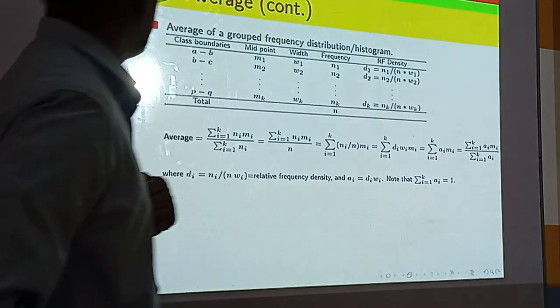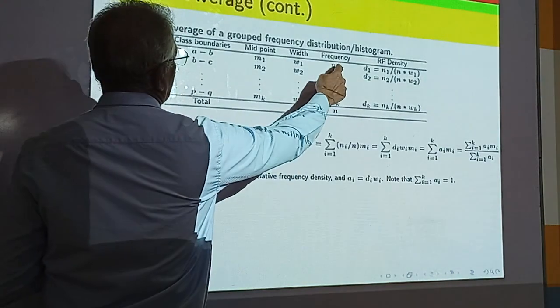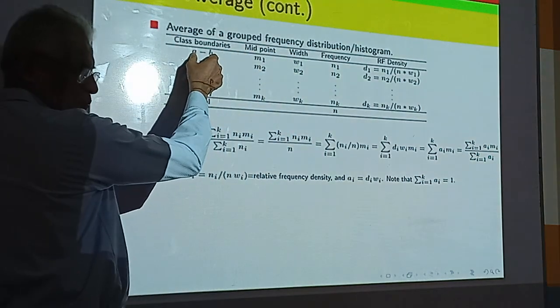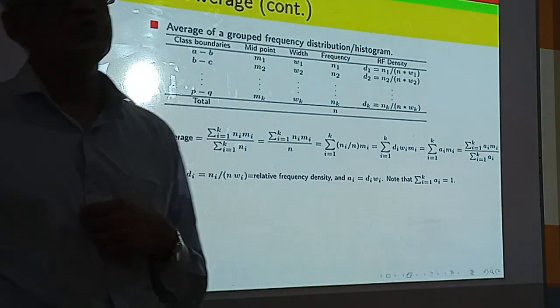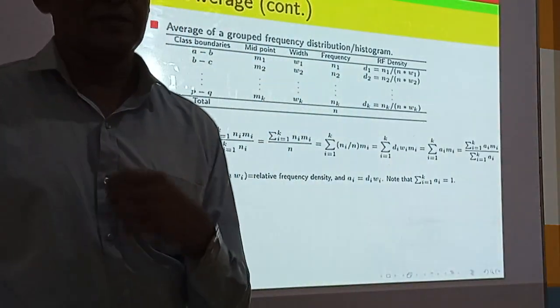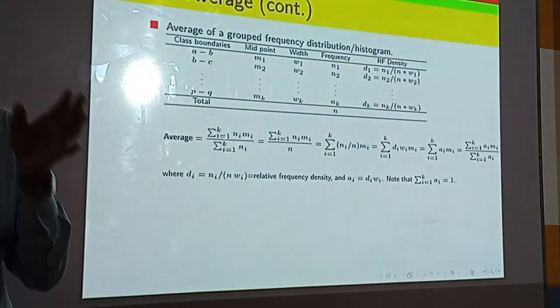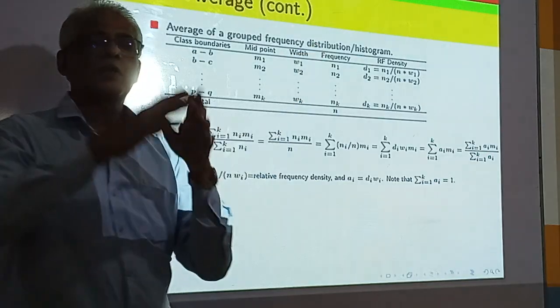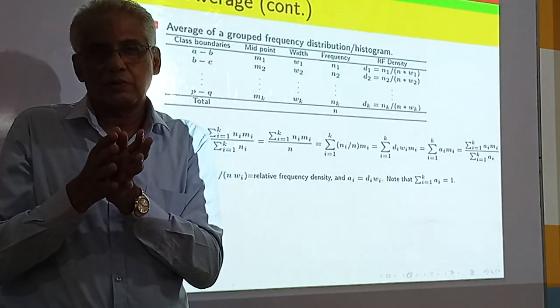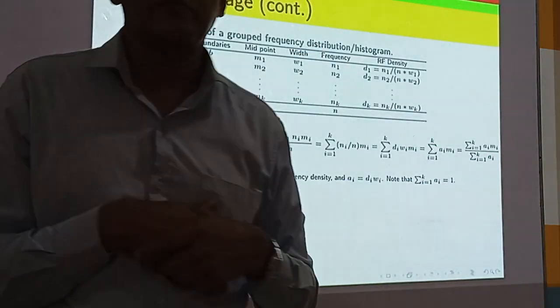So, for example, if you have n1 observations in this group, you generally assume that it is similar to having n1 times the middle value. That's one assumption that you can make.